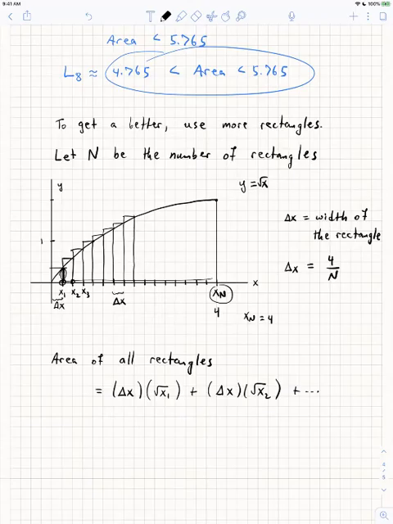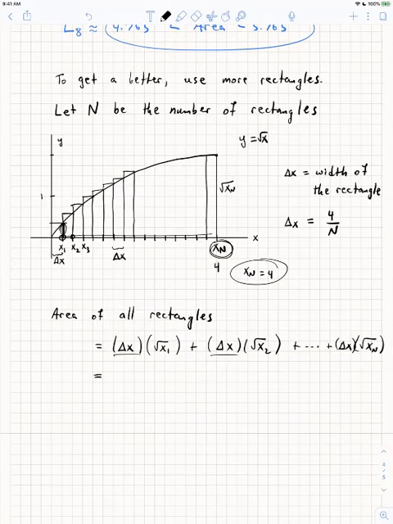Now the last one is going to be a rectangle whose right endpoint is x sub n. So the height here is the square root of x sub n. Now this is actually the square root of 4 because we know what x sub n is. But let's just write it in as the width delta x times the square root of xn, like that. Now all of these terms have delta x in them, so you can factor them out.